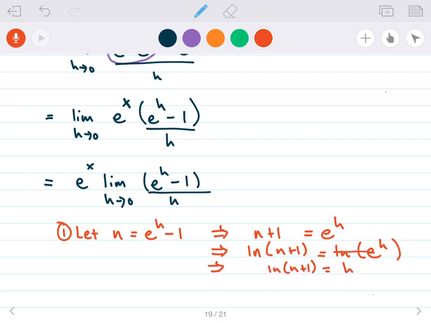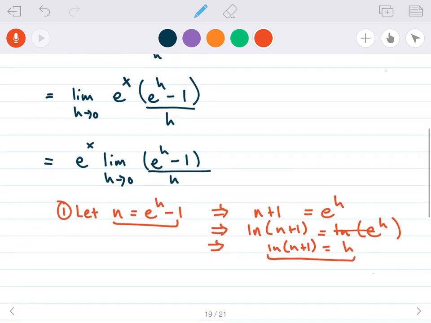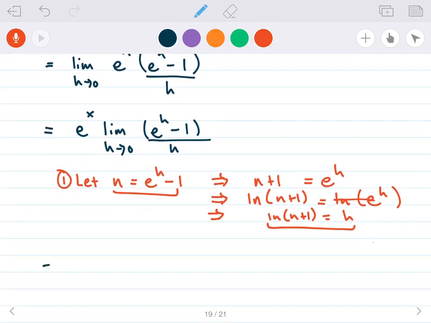So I'm going to substitute this in for the numerator, and this in for the denominator. So let's do it. We have e to the x, limit as h goes to 0 of n over ln of n plus 1.